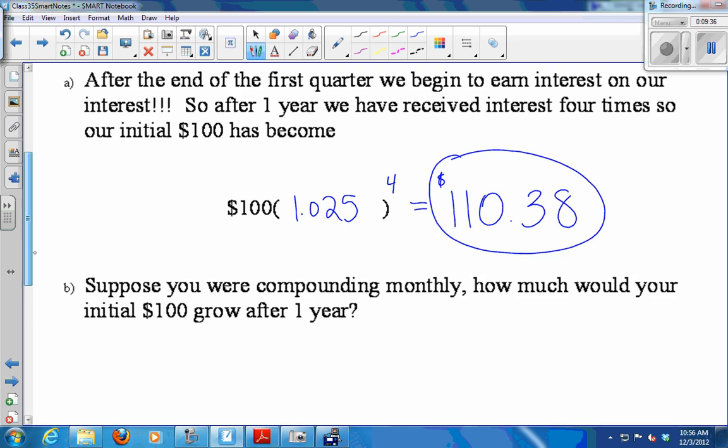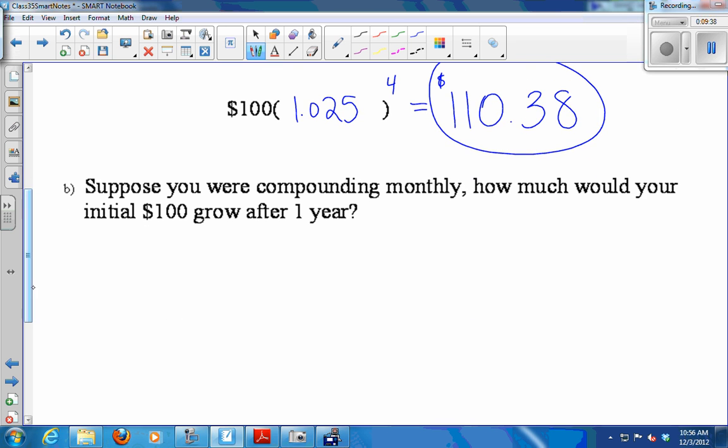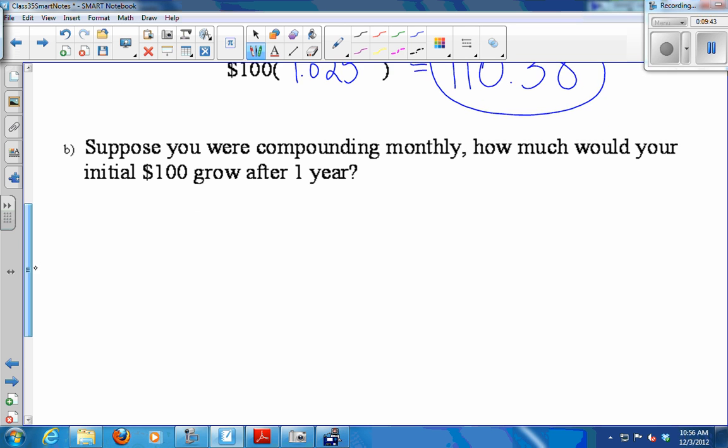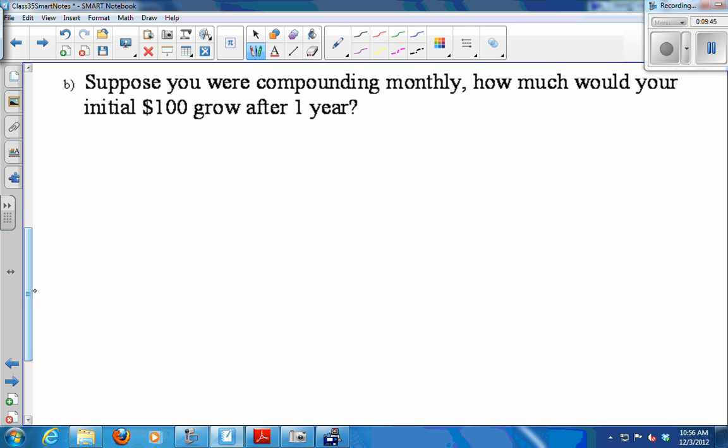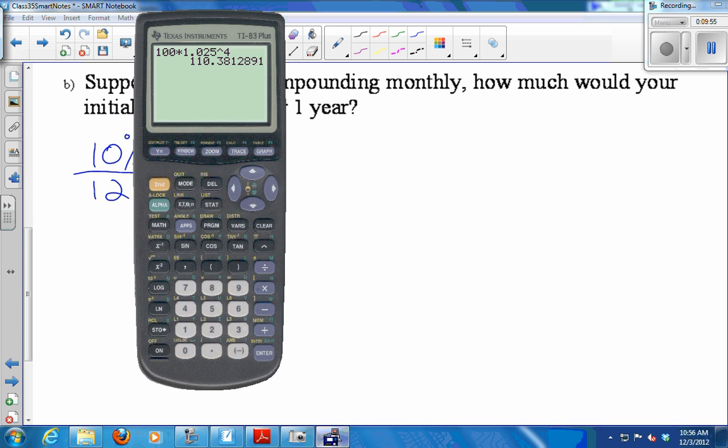So let's say we were compounding monthly as opposed to 4 times per year. So how many months are there? 12. So I have to take my 10% and divide it into 12 equal installments. So 10% divided by 12 is 0.833%.